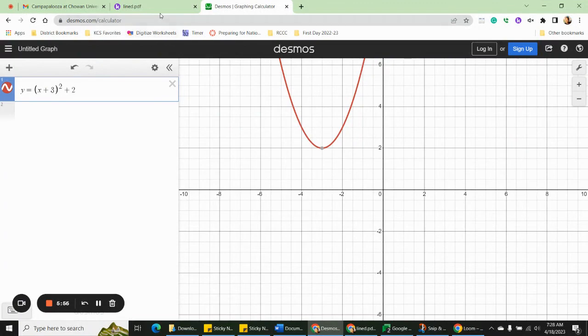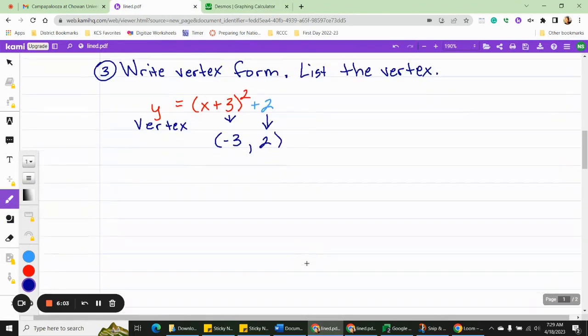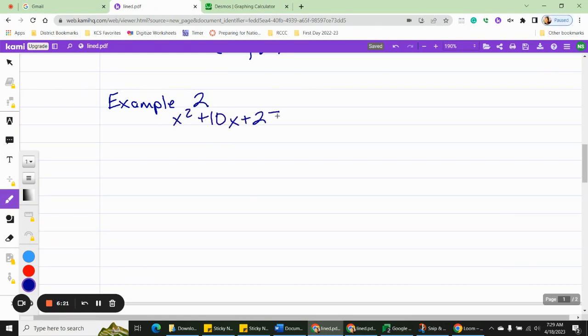Let's try another example and follow these steps, okay? So for our next example, we're going to use x squared plus 10x plus 27 equals 0.